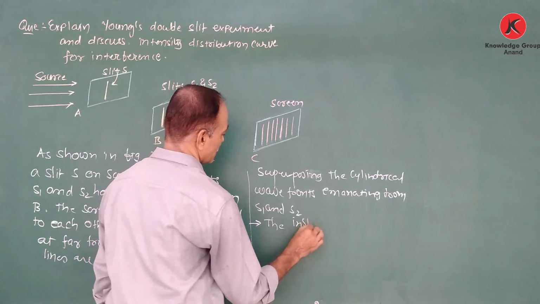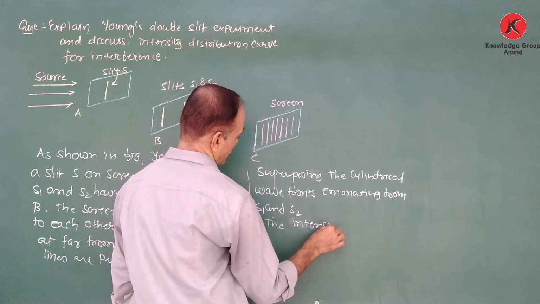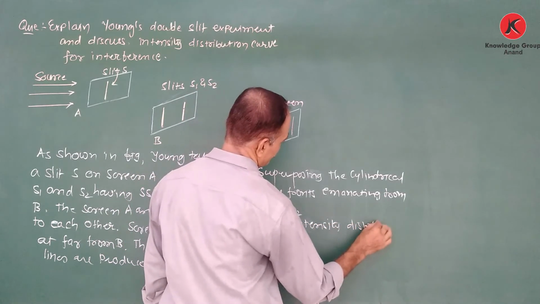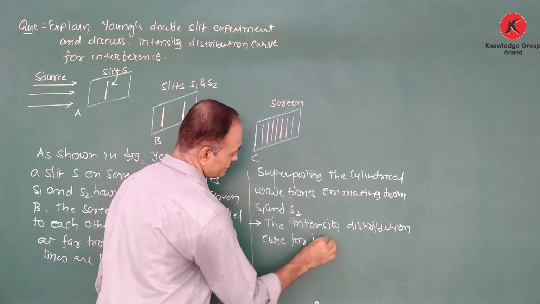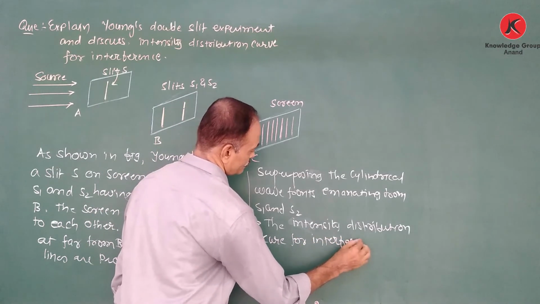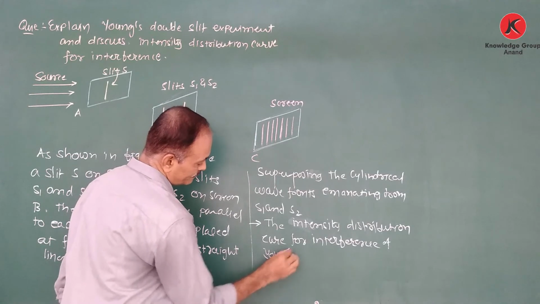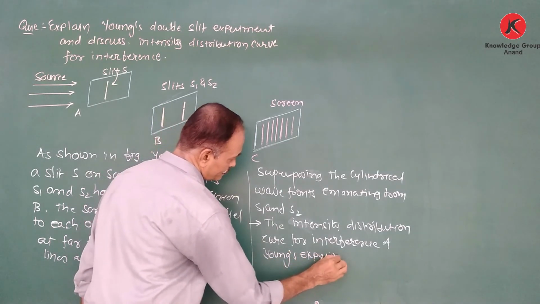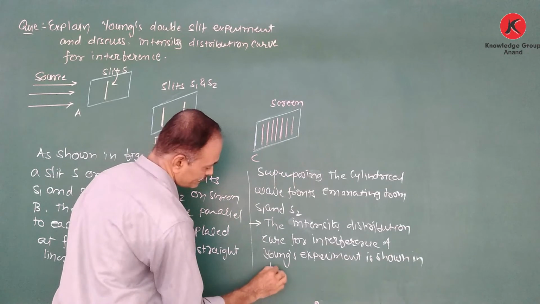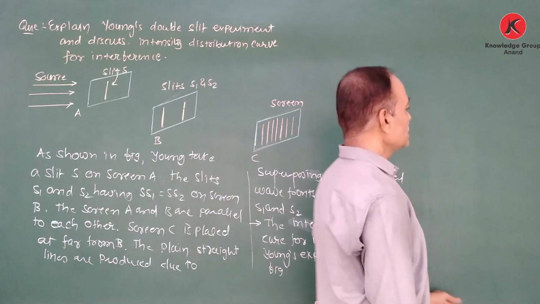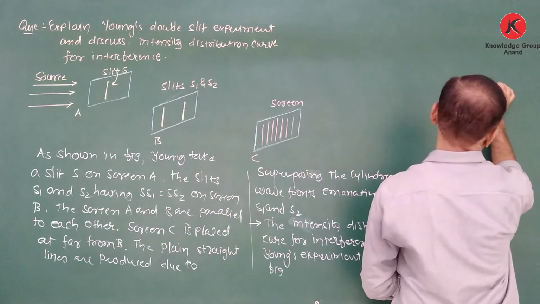So here we draw the distribution curve for Young's double slit experiment like this.